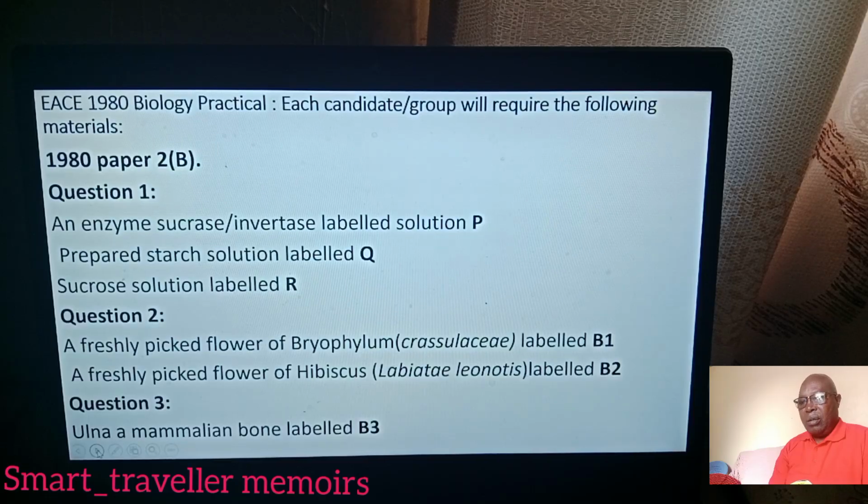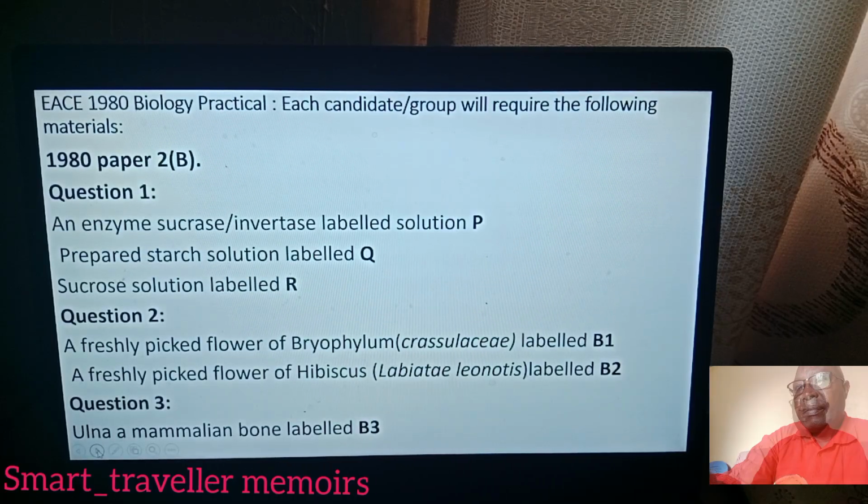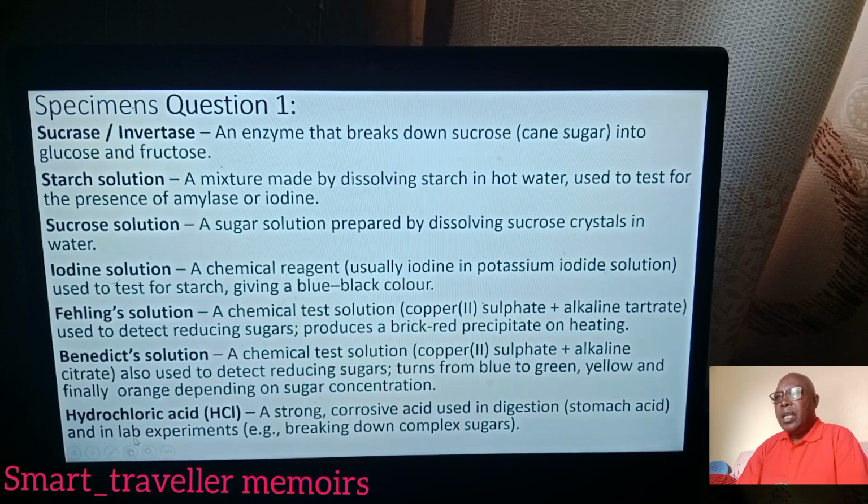Question 3 required you to have an ulna, a mammalian bone, which was labeled B3. Let's go over a few details of the specimens of question 1.